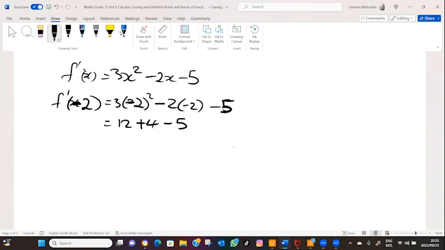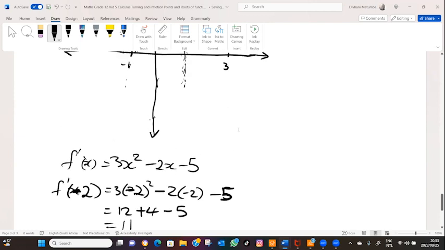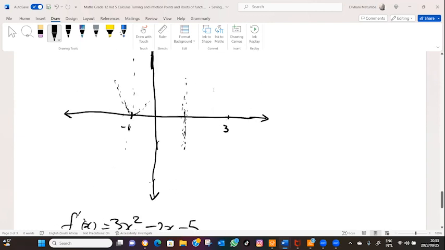Now, 16 minus 5, it's 11. So this is how it will be. Now, the slope will be positive. So, I nearly made a very big mistake. So, your curve will be like that.